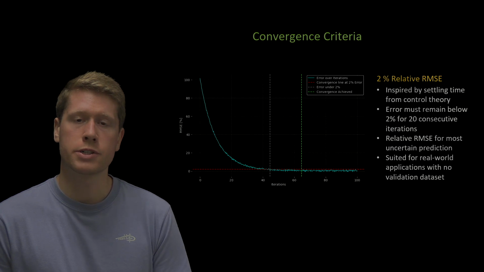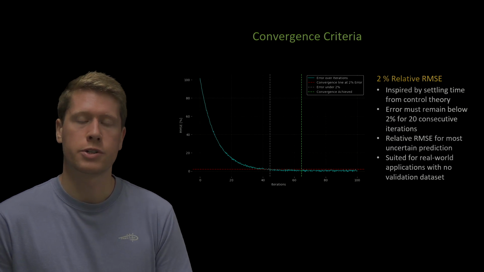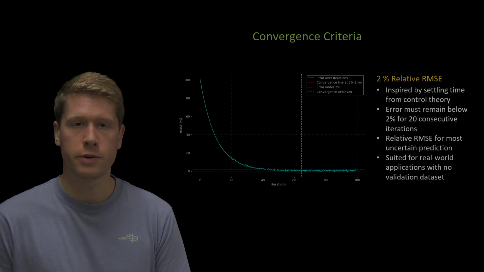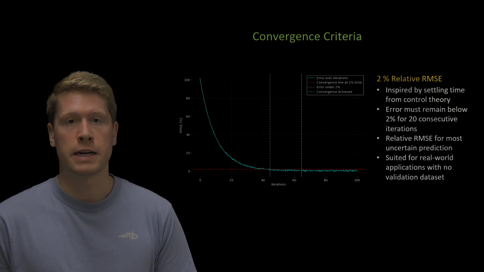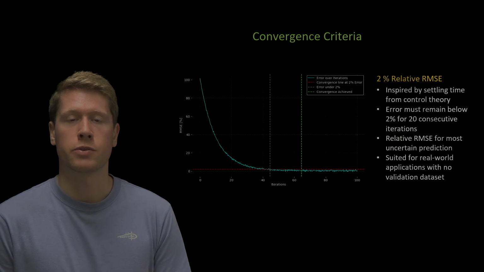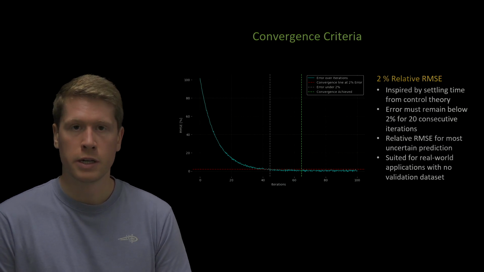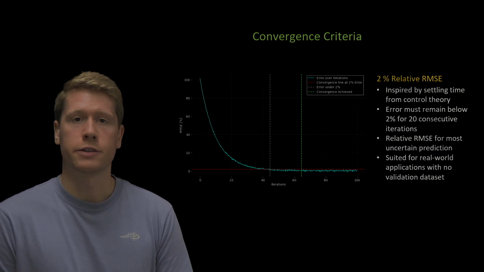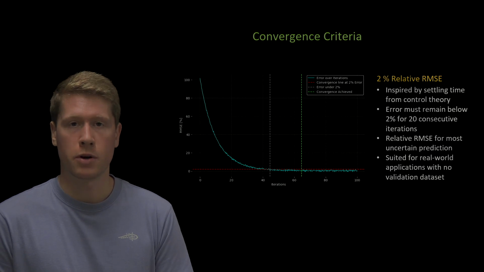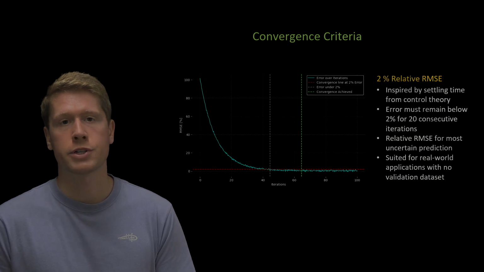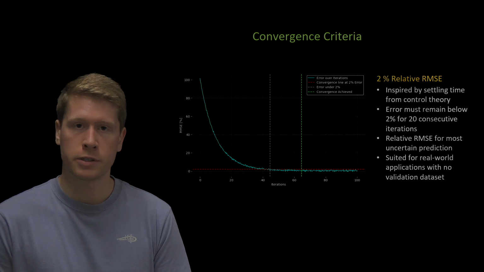What does the convergence criterion look like? Our convergence criterion is inspired by the settling time from control theory. We say that an error has to stay below a certain threshold for 20 consecutive iterations, and then we see our model as converged. How do we calculate this error?